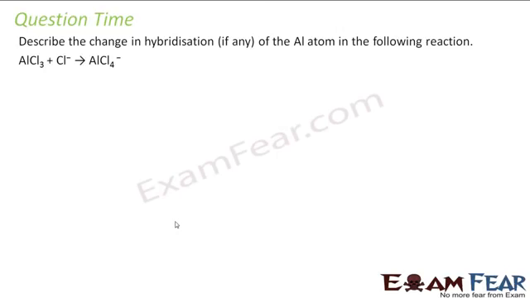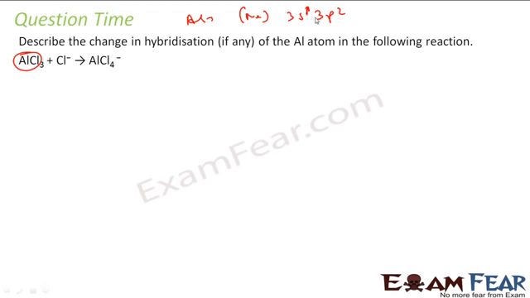Describe the change in hybridization, if any, for this reaction: AlCl3 plus Cl minus gives AlCl4 minus. See, if you talk about AlCl3, my aluminium's configuration is 3s1 3p2, right?